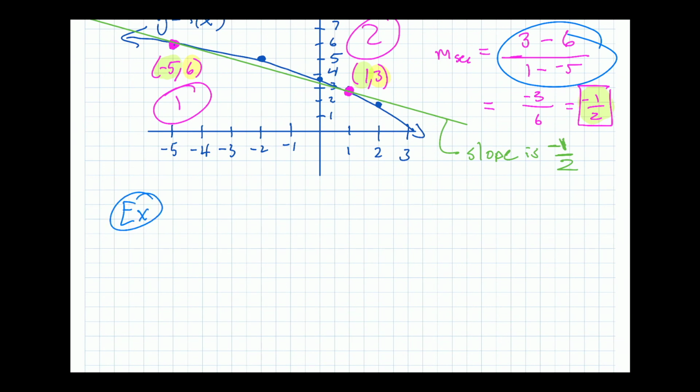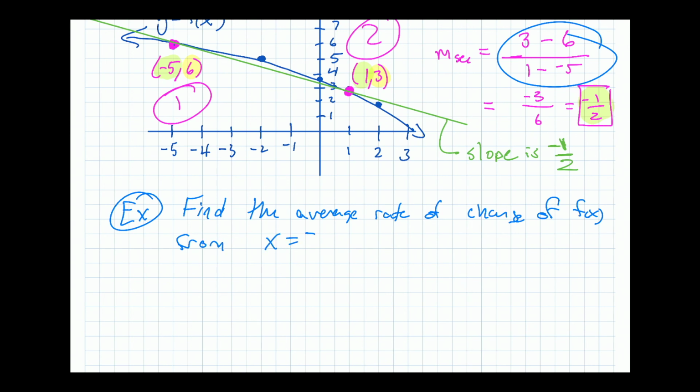Example. Find the average rate of change, so same problem, average rate of change of f of x from x equals 3, that's fine, to x equals t.